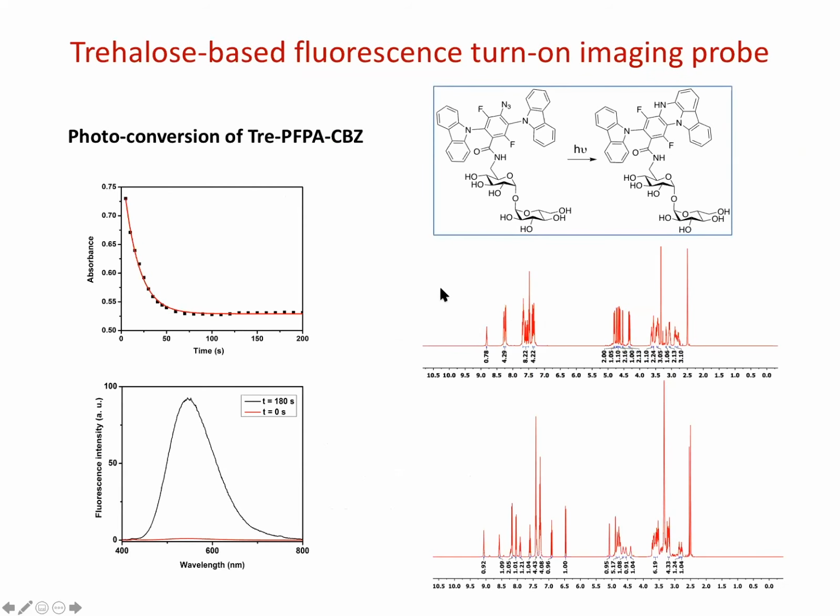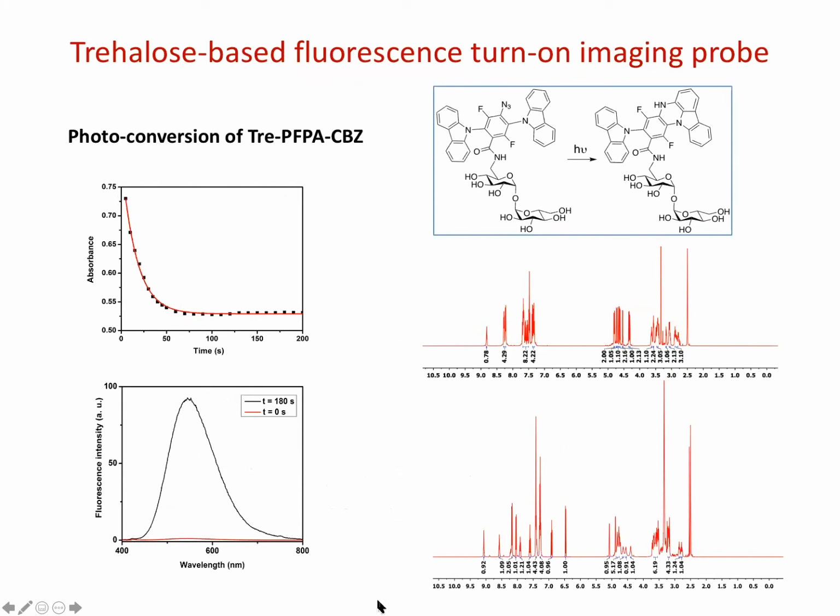Again, the fluorescent turn-on, just like we tested before, is pretty straightforward and clean. And it's fast as well. The absorbance of the reactants decreases very fast, and the fluorescence of the product is, in this case, 19 times higher than the reactants.